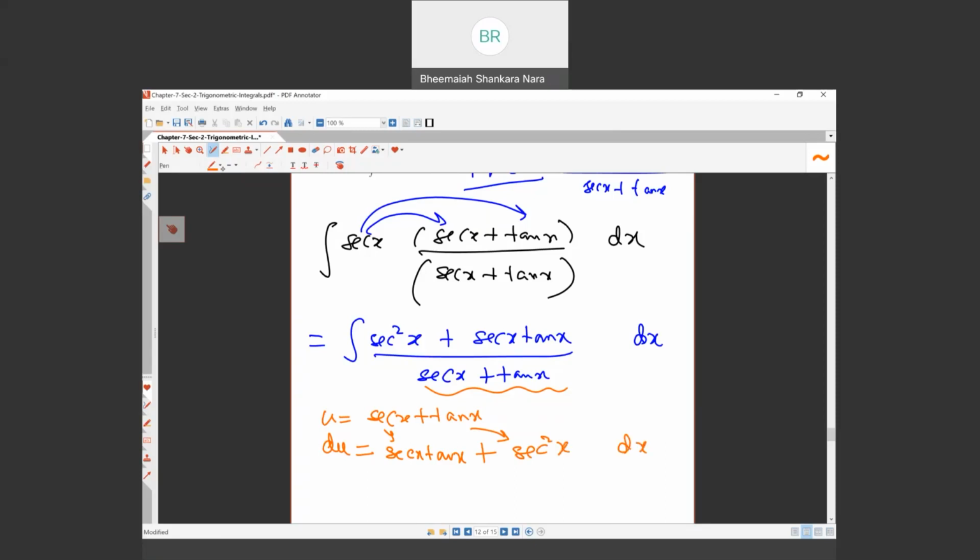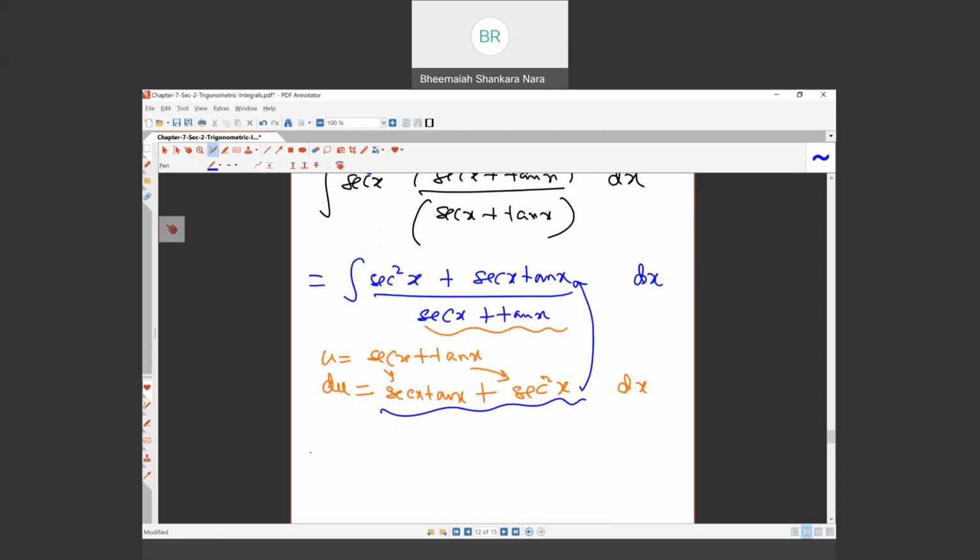If you carefully see, this is our numerator here. So you assume the denominator is u and you have the differential which is exactly the numerator. So replace these back in the above integral, du divided by u. Integral of du divided by u is natural log of u plus c. Where u is what you assumed, secant plus tangent.